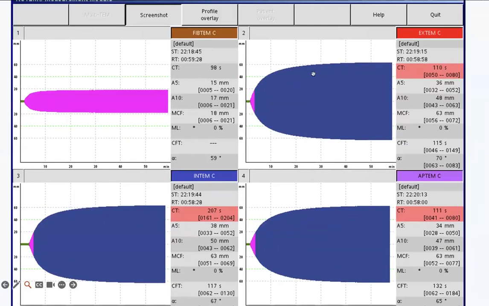Okay. Now the second thing, so A5 here in the EXTEM is 36. So the difference is 21, which we think is probably okay. The platelet numbers are fine because this is solely fibrinogen and this is fibrinogen plus the platelet. So the difference is how much? 21.